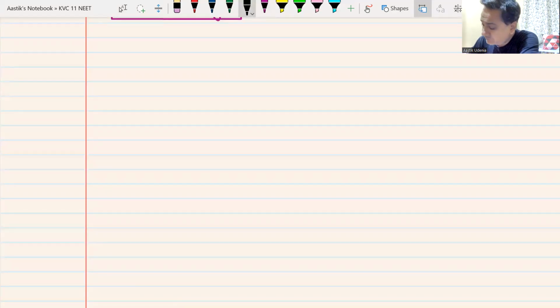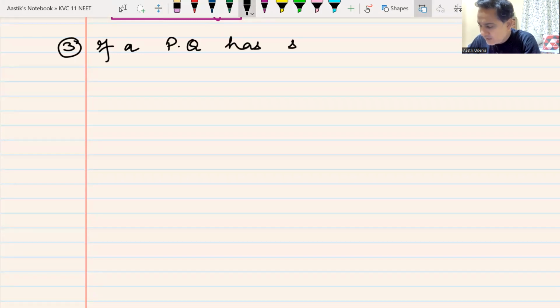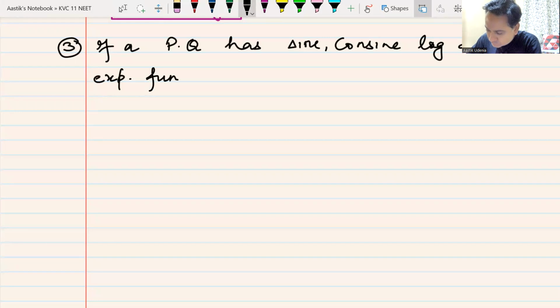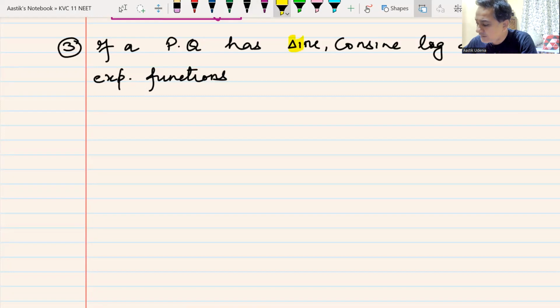Now, point number 3, if a physical quantity has sine, cosine, log, or exponential functions. Now remember, all these 4 quantities, sine, cosine, log, exponential functions, they are all numbers.